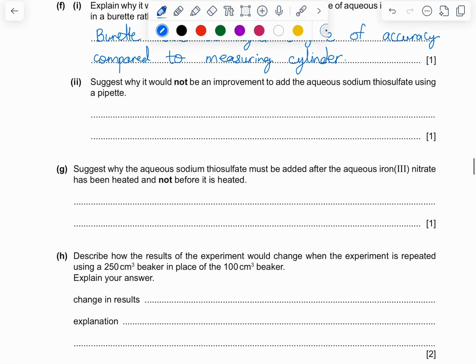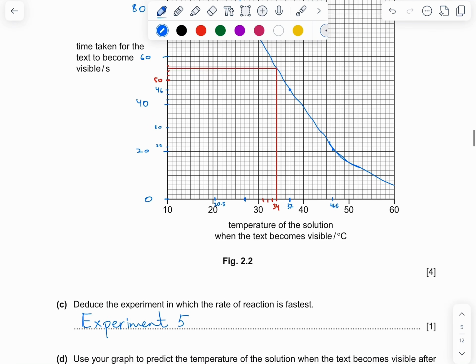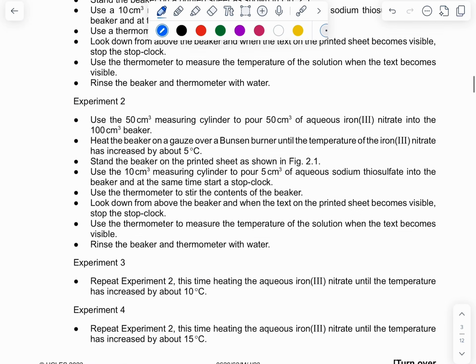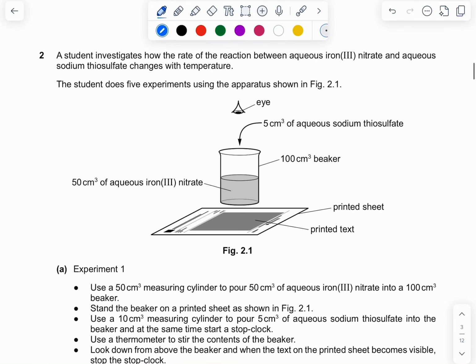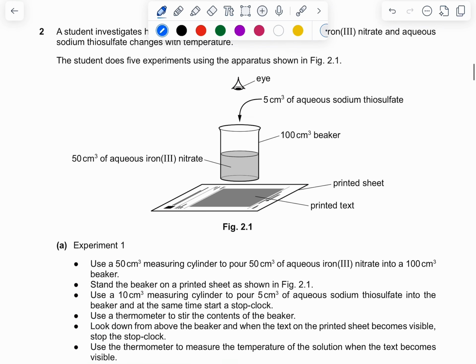All right, next question. Suggest why it would not be an improvement to add the aqueous sodium thiosulfate using a pipette. Would it not be an improvement to add it using a pipette? Well, I do not know. Now we are going to have to see how we were adding sodium thiosulfate.